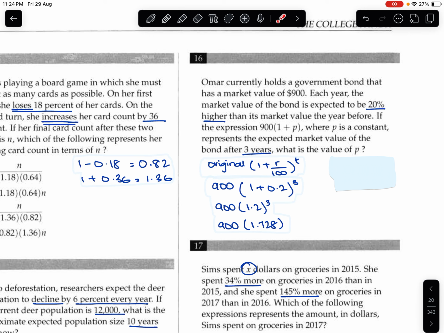So we'll get 1.2 raised to the power 3, which comes out to be 1.728. Now we have no power and they have no power, so we can compare our expressions. 900 is the same, so 1 plus p can be said to equal 1.728 simply by comparing them, and through that we can find p.